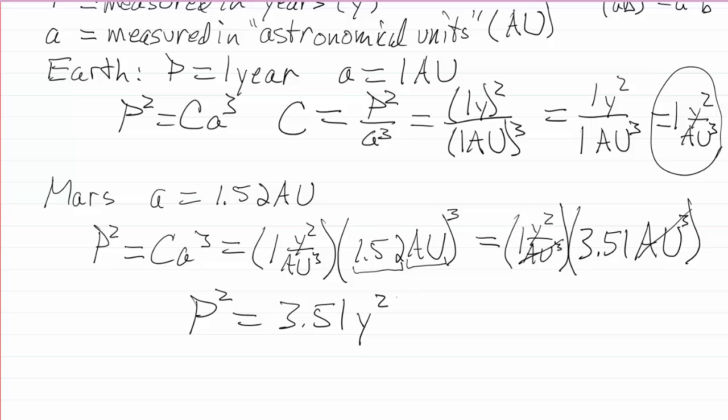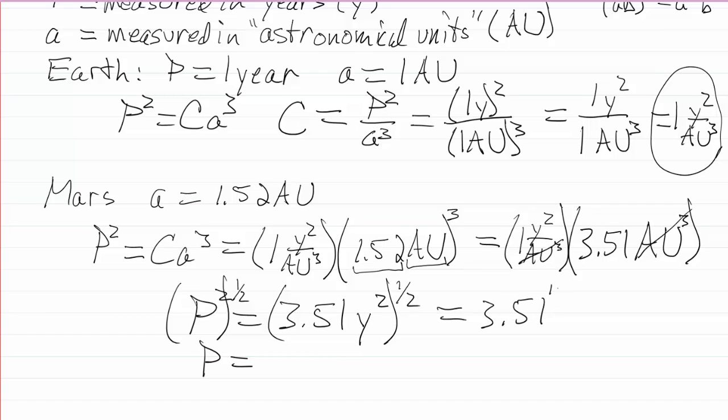I have to do the square root on my calculator. I can imagine taking everything to a fractional exponent here. That's the same as taking the square root. And I'll have 3.51 to the 1/2. I'll have years squared to the 1/2.